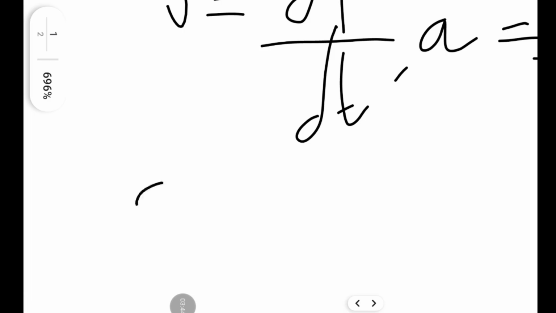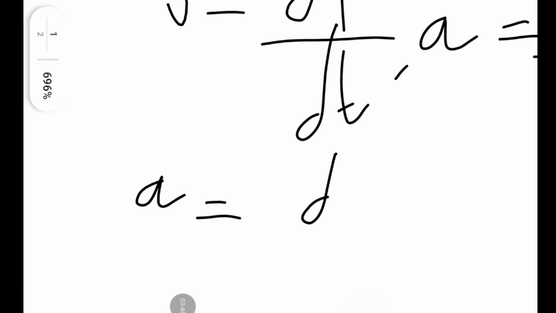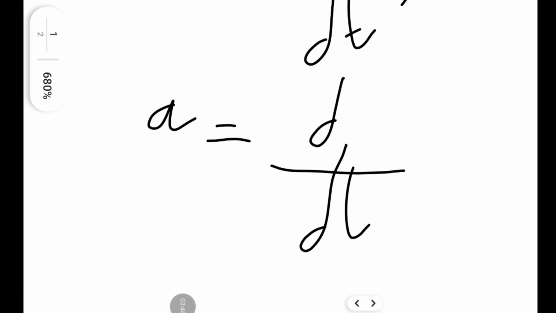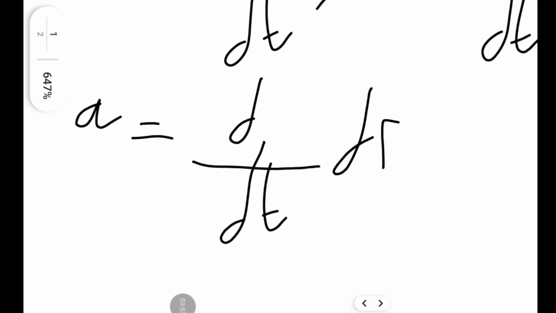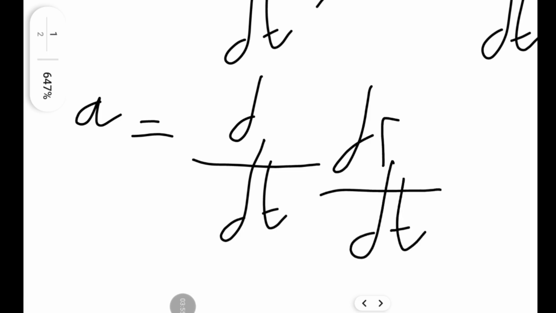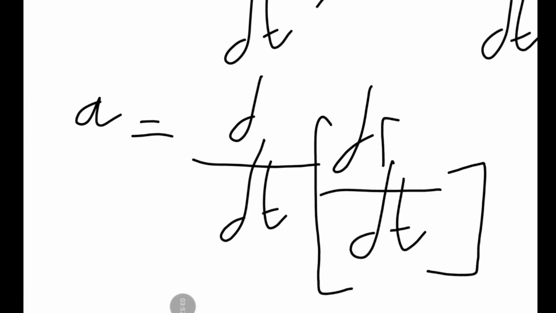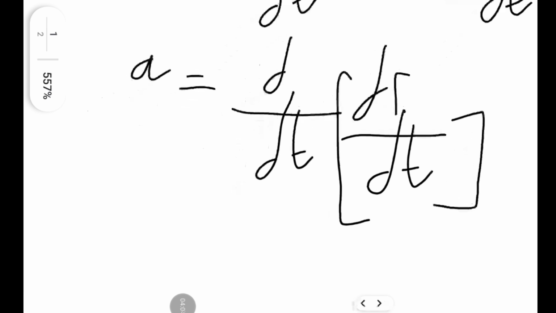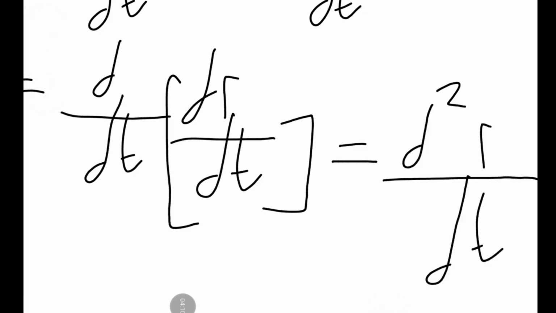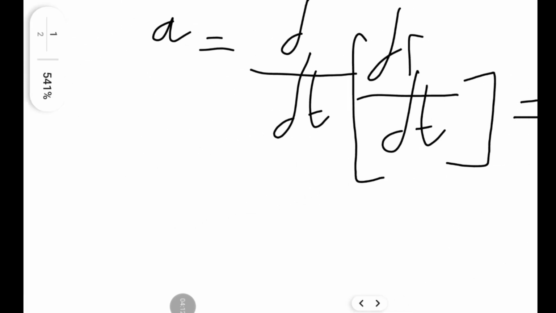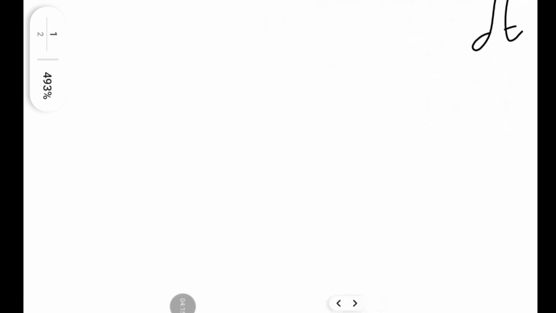So acceleration is equal to d by dt of dr by dt. So acceleration is the derivative with respect to time of dr by dt, and that's just going to equal d squared r by dt squared in that format there.